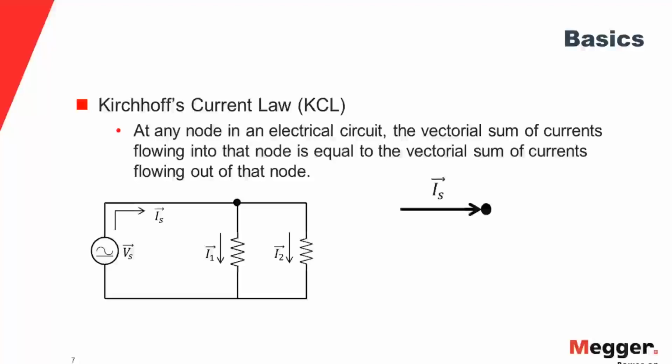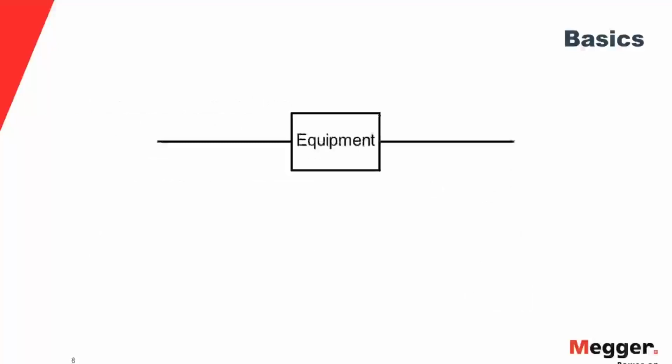According to Kirchhoff's current law, at any point on the circuit, it could be a node or a junction or any point, the sum of all the currents flowing into that point is equal to the sum of the currents flowing out of that point. Mathematically representing, in this case, IS will be equal to I1 plus I2. So this is the concept of differential protection, Kirchhoff's current law. Everything that comes in should have to go out.